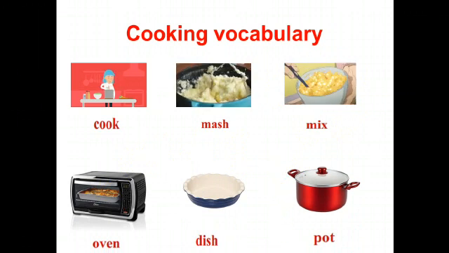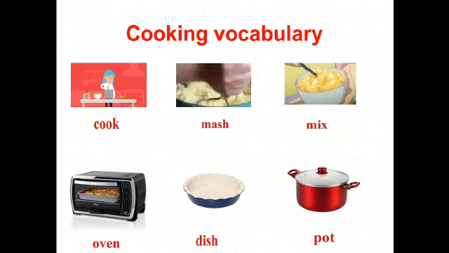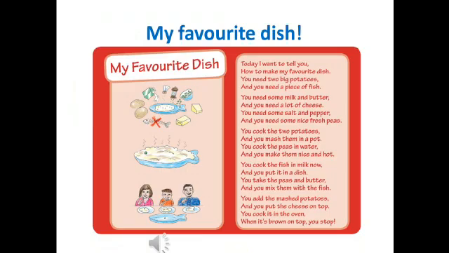Now let's move to our text, My Favorite Dish. Now let's listen and read our text. But before that, please, when you read it, point to the ingredients when you hear them. For example, potatoes, butter, cheese, pepper. Okay, point to them when you listen.